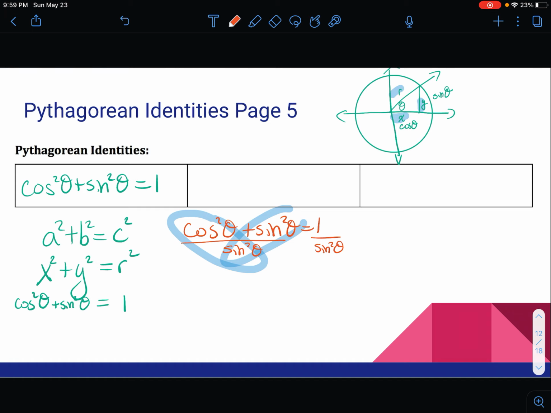So we would get cotangent squared theta, because of the quotient identities, plus 1, and that's equal to cosecant squared theta, because of the reciprocal identities. So cotangent squared theta plus 1 equals cosecant squared theta.